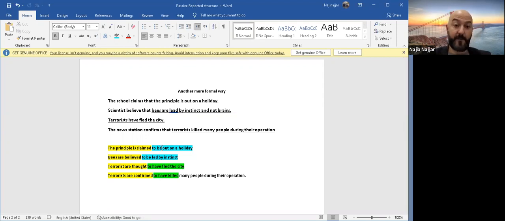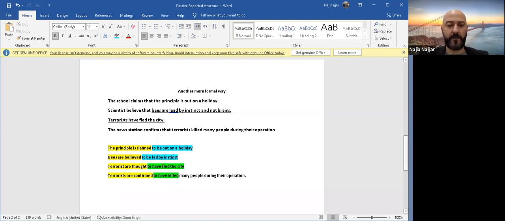However, if we have a past timing, whether past perfect, present perfect, past continuous, past simple, whatever times the past, we use to have plus past participle. Or in other words, some grammarians call it the to perfect infinitive. Okay, it's called the perfect infinitive. Okay, to have fled, to have killed.